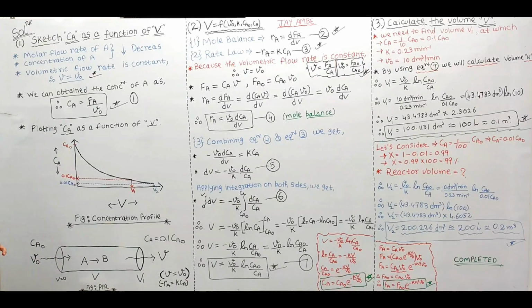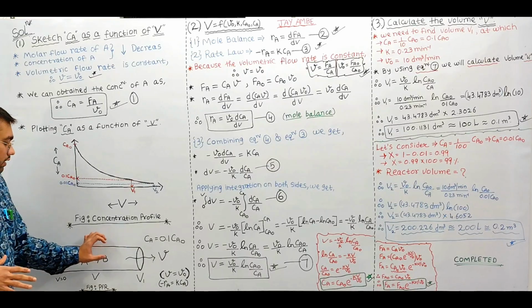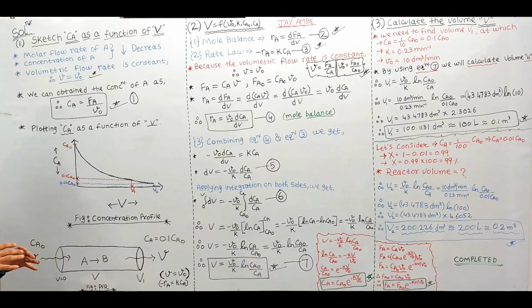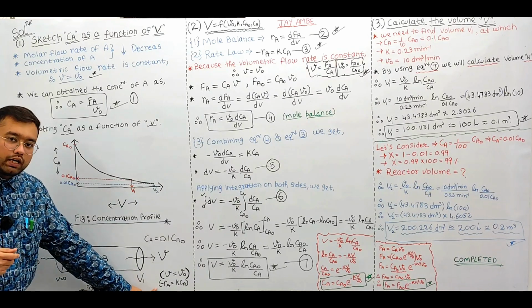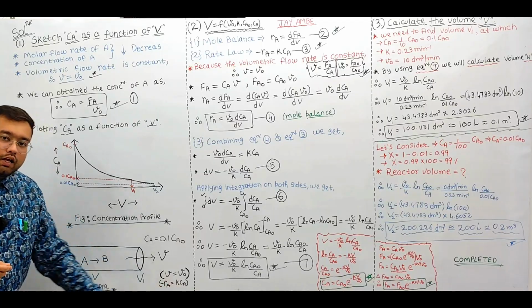They have also mentioned we are carrying out the reaction in the liquid phase, which means by using the plug flow reactor we are carrying out a first order reaction with the given rate law minus rA is equal to kCA, in the liquid phase.